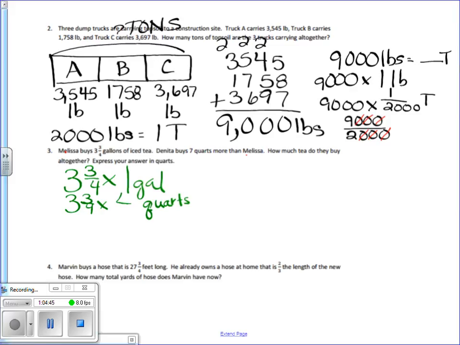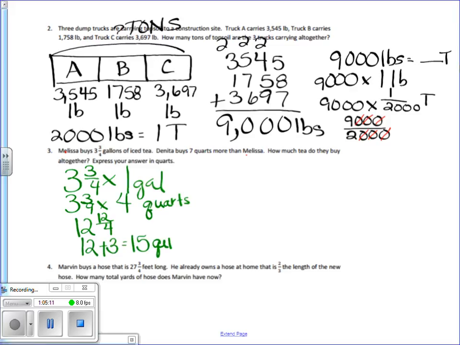If you look at the gallon right there, it's got 4 Q's in it. So 3 3/4 times 4. 4 times 3 is 12, 12 over 4. Well, that's improper, so I can just go ahead and do 12 plus 3 equals 15 quarts.